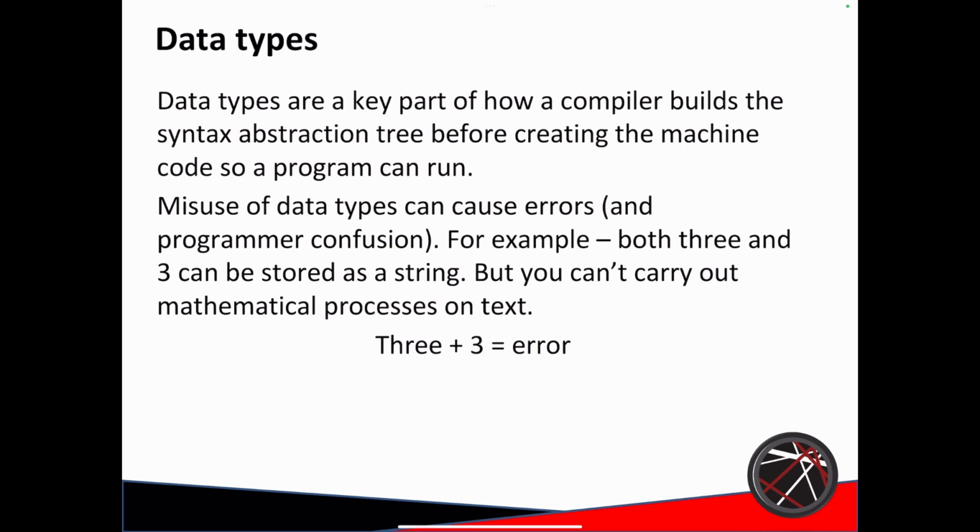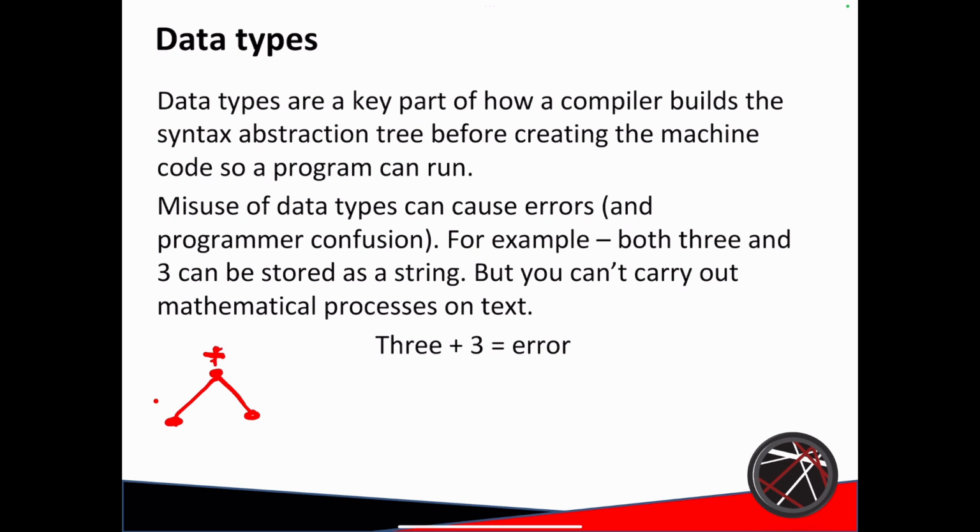Okay, another key aspect of data types is understanding their importance and why they matter so much. When a compiler builds the machine code from the code you've written, the program code, it uses an abstract syntax tree. In other words, it's representing the different aspects of the system. So if we've got a syntax tree here, I'll very briefly describe this, we'd need to know that there was an addition calculation happening.